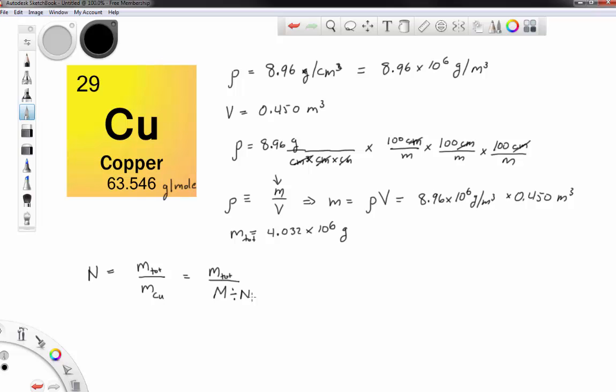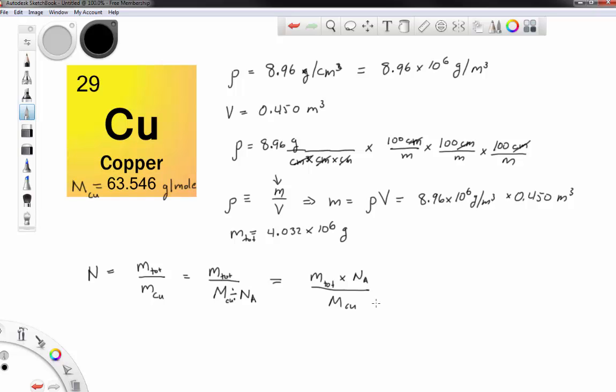So in other words, M divided by Na, where this number right here represents M. So this is M for copper. So all of this basically becomes the total mass times the Avogadro's number divided by the molar mass.